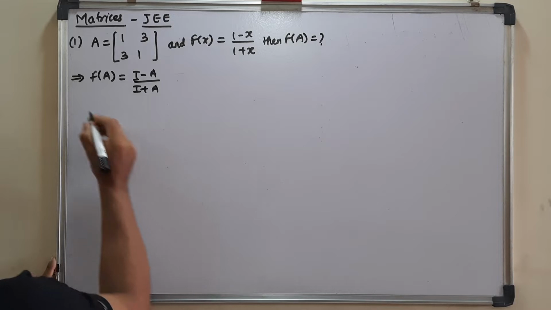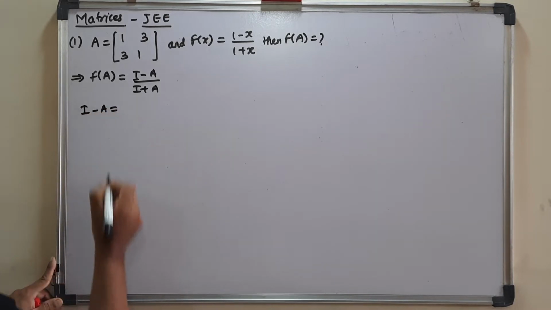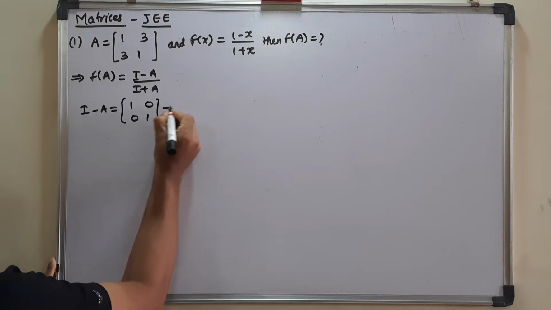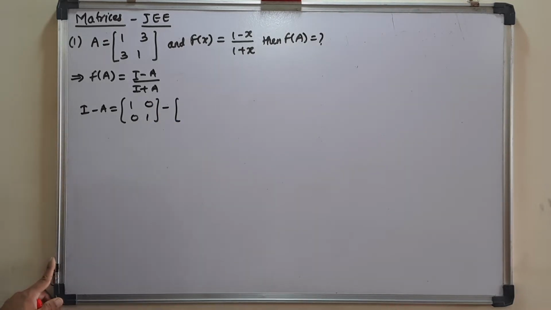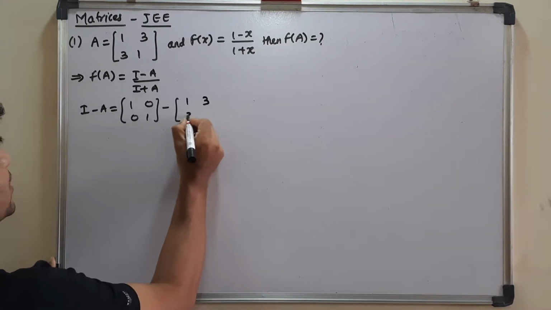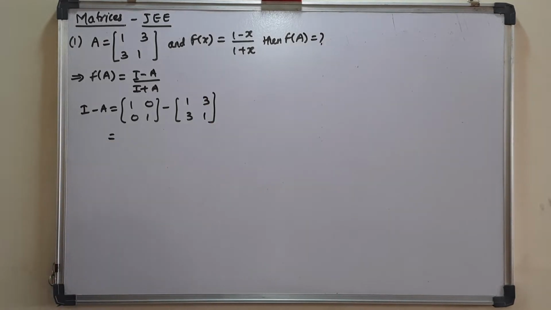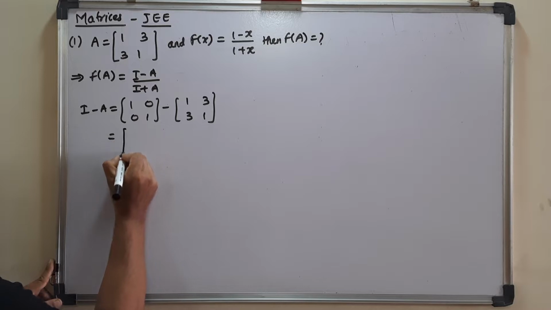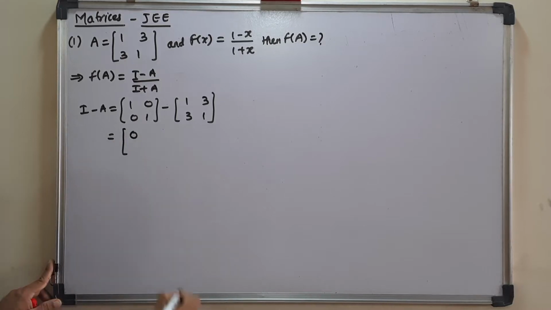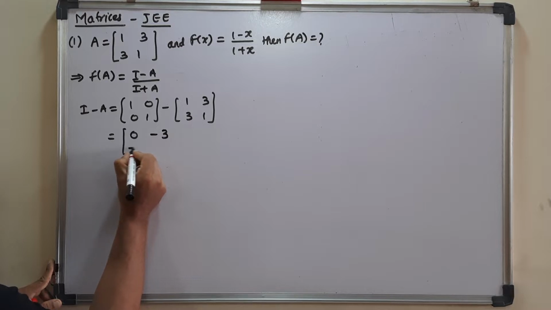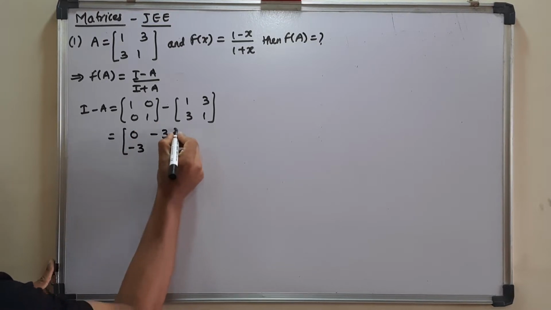Here, if I do I minus A, I get 1 0 0 1, the identity matrix of the same order, minus A, which is 1 3 3 1. When I subtract it, I get 0, minus 3, minus 3, and 0.